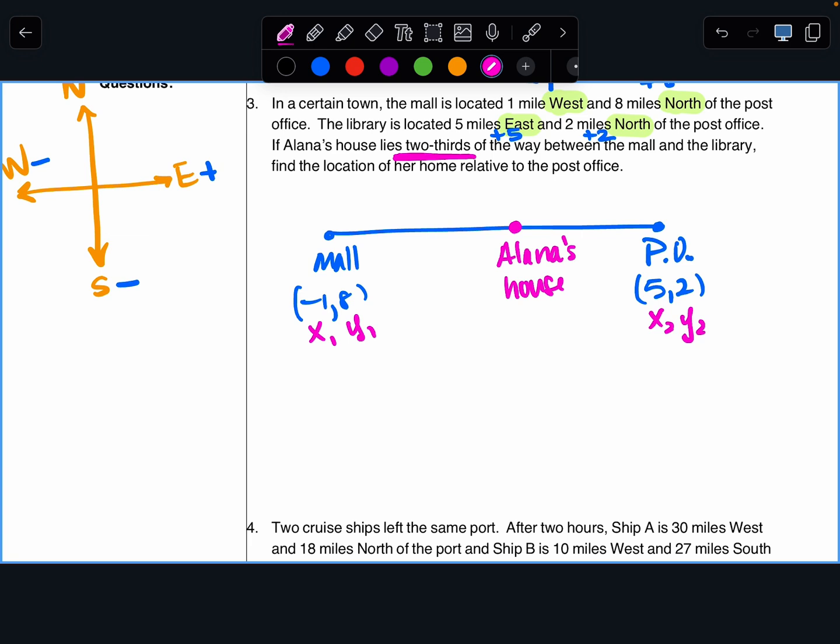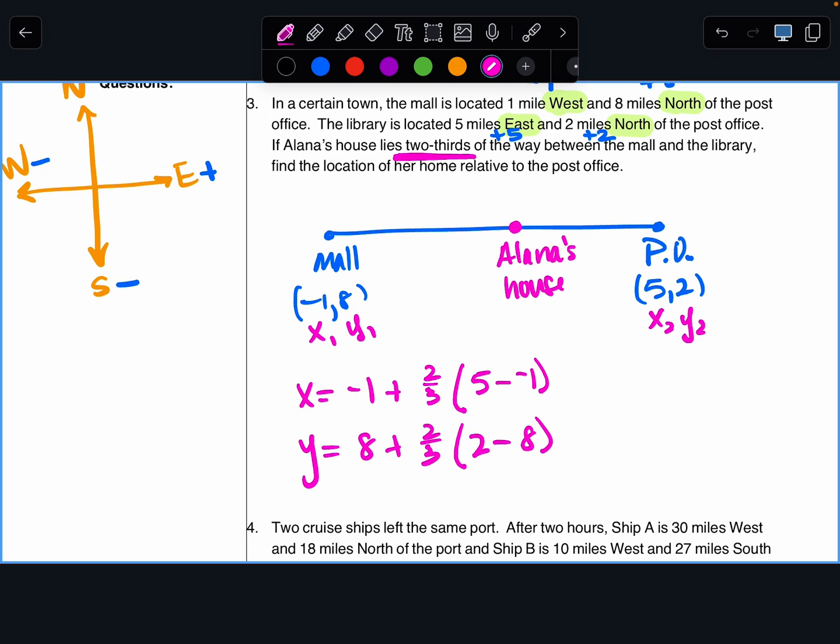Now I know where my coordinates are, I know what I'm looking for, I know what it looks like, so that then I can say x is negative 1 plus 2/3 times 5 minus a negative 1, and y is 8 plus 2/3, 2 minus 8. Put it in the calculator and get your coordinates. So the only difference between 3 and 4 is the idea that you need to know what sign north, south, east, and west have.